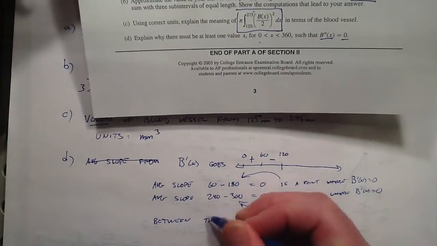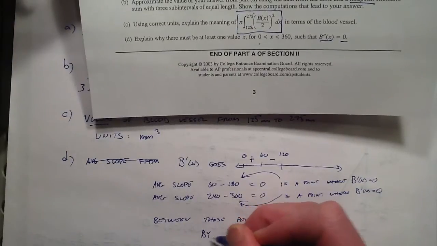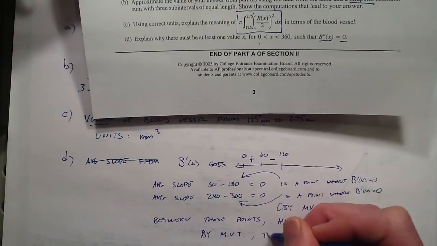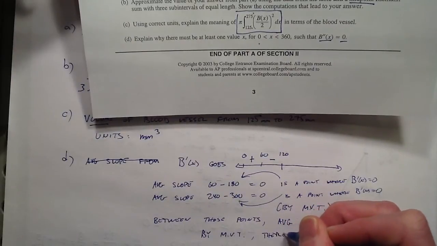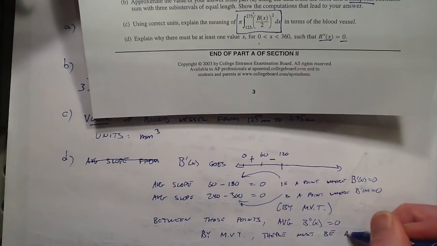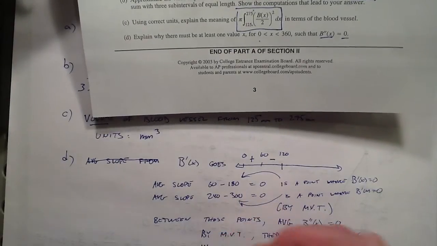And then again, by the mean value theorem, there must be a c in between.